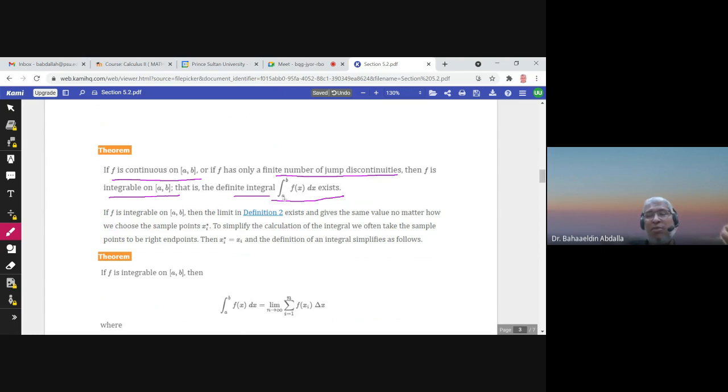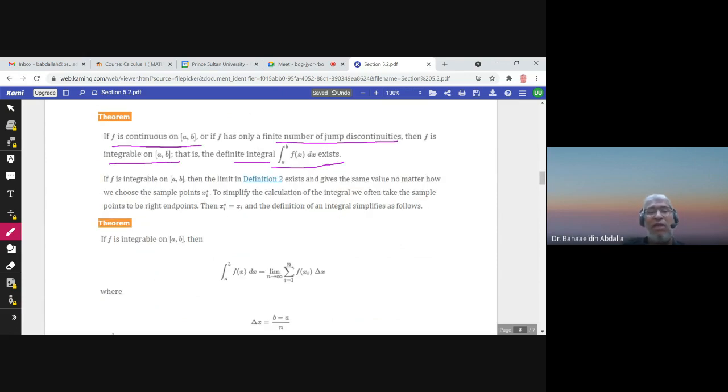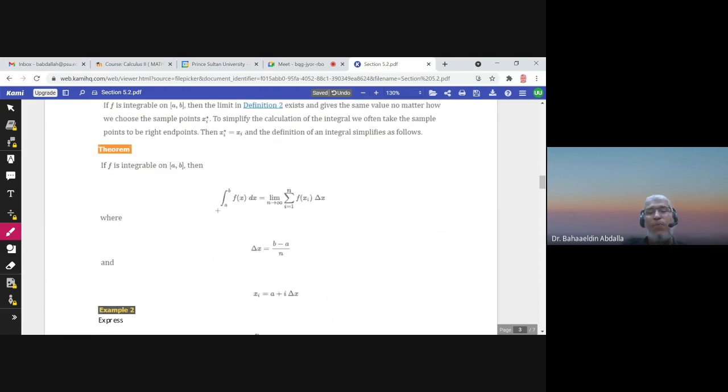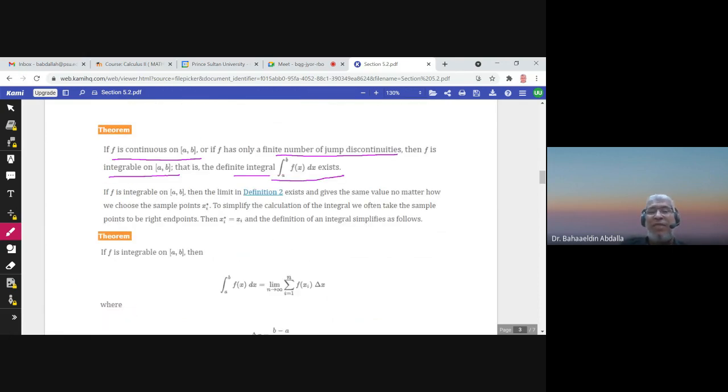Notice that all the functions, or most of the functions we know, are continuous. So always their definite integral exists, which means that the limit exists regardless of which sample points we choose.